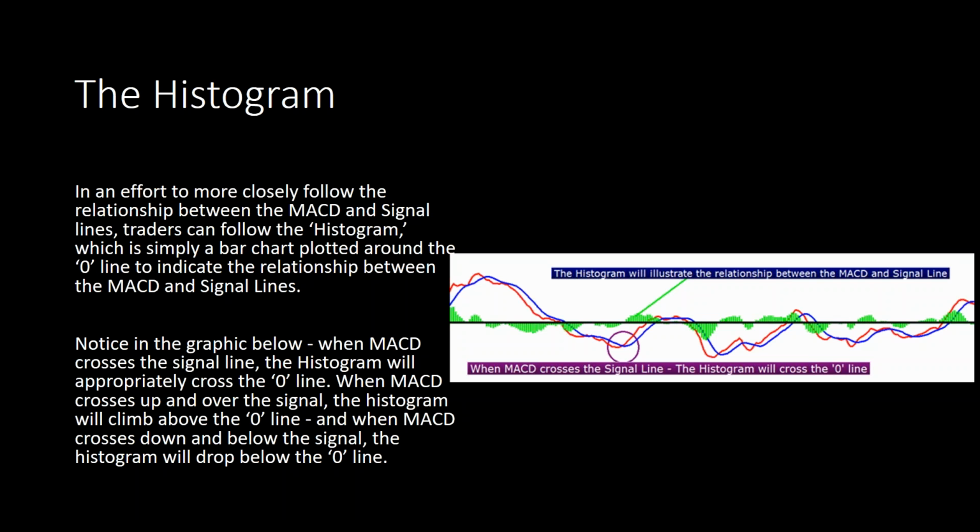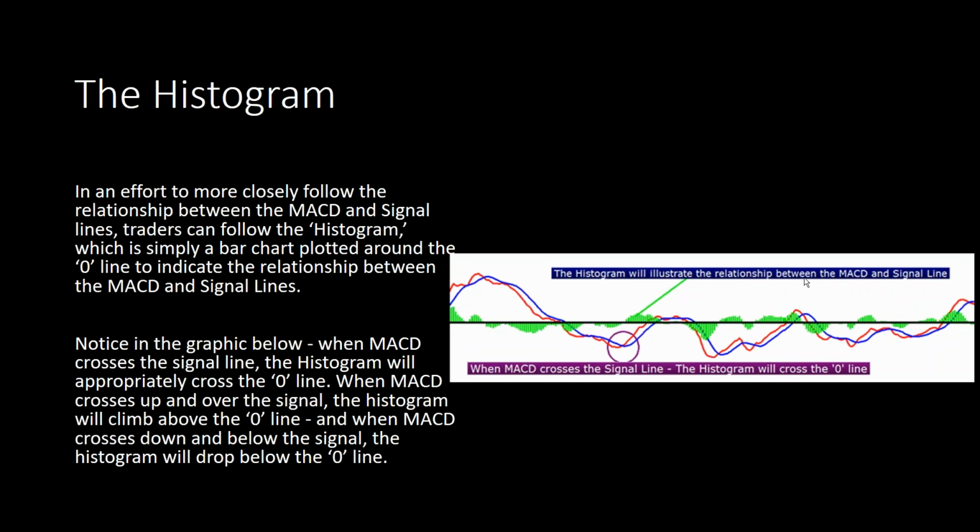Notice in the graphics to the right, when the MACD crosses the signal line, the histogram will appropriately cross the zero line. So you can see here we got the green histogram, and again we have the same still red and blue MACD lines and signal lines. So when MACD crosses the signal line, the histogram will cross the zero line.